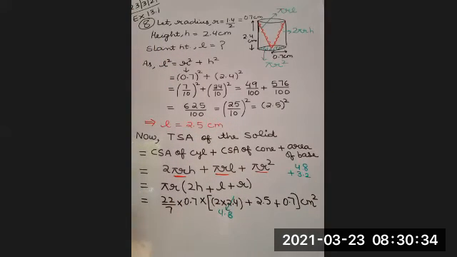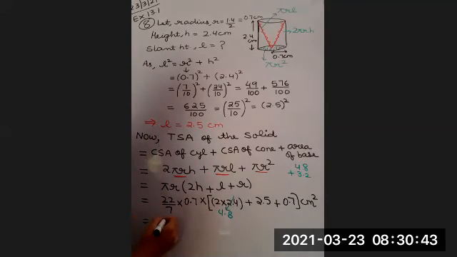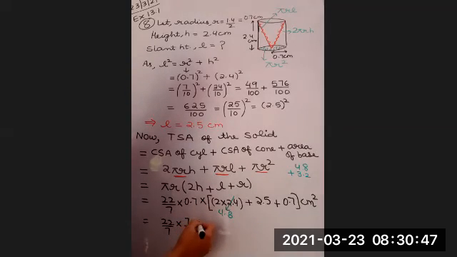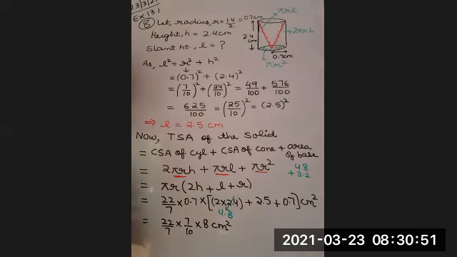So 4.8 plus 3.2 becomes 8. So this you have as 22/7 into 7/10 into 8 centimeter square. Now 7 and 7 cancel.